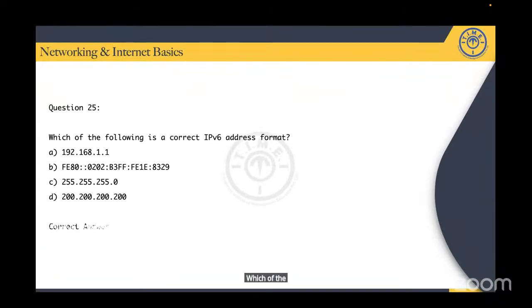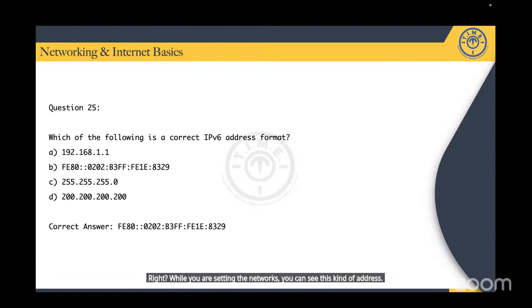Which of the following is a correct IPv6 address format? You might have seen this IPv6 in your network, right? While you are setting up networks, you can see this kind of address. But we usually set IPv4, right?